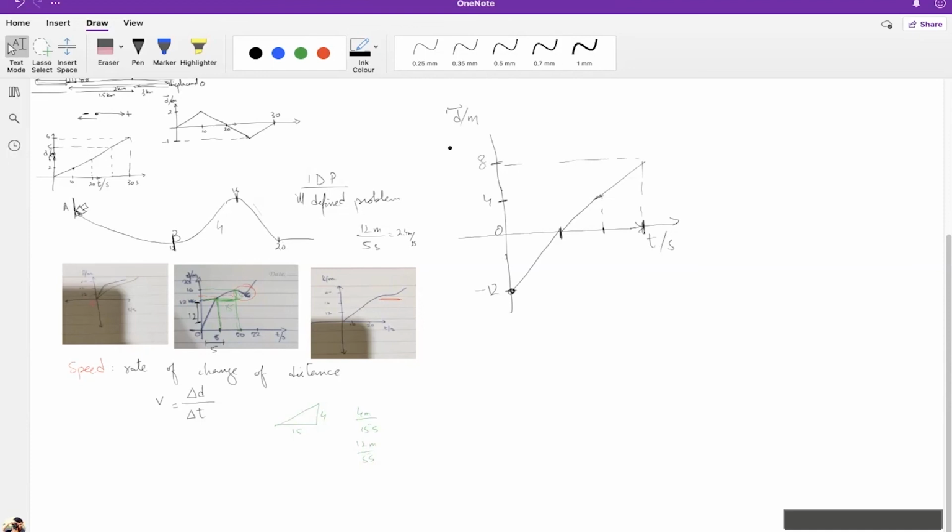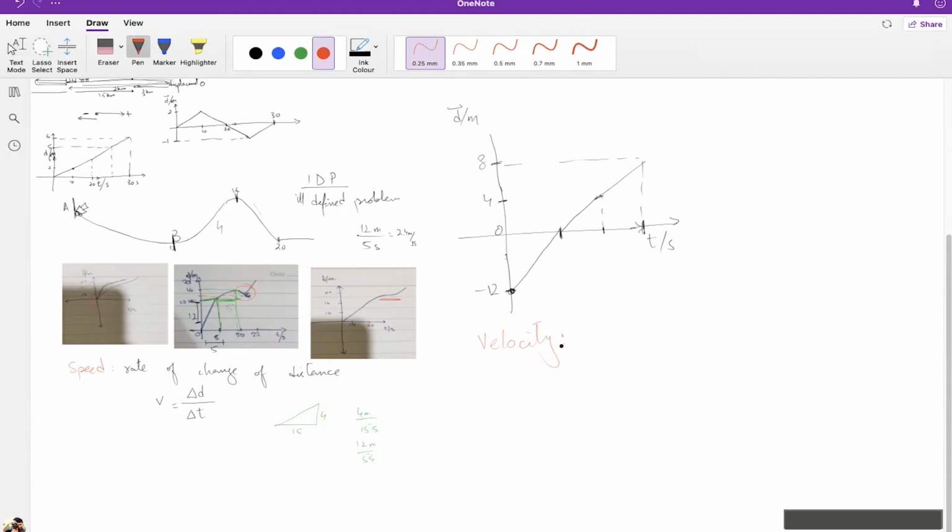So that means we need to have some differences in the gradient of the displacement time graph and the velocity time graph. And that, in the speed time graph, we call it velocity. The distance and displacement are slightly different in the sense that displacement can be negative or it can be going down, but distance always goes from 0 all the way up.